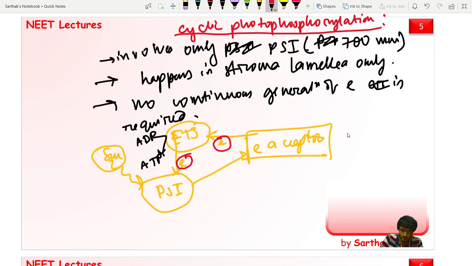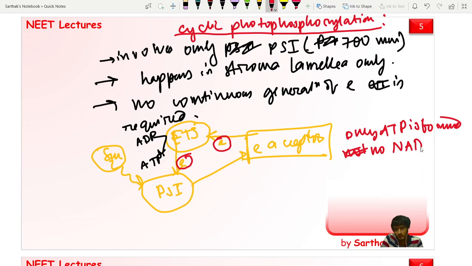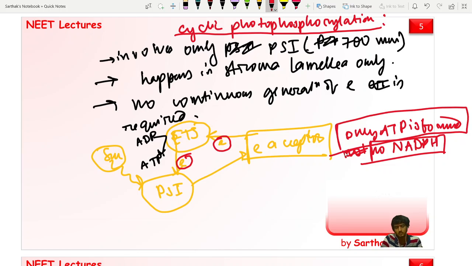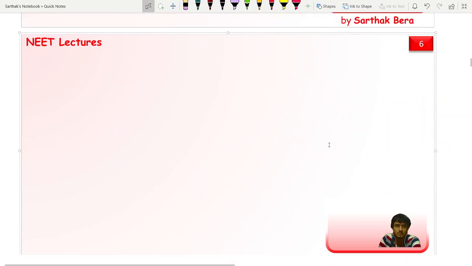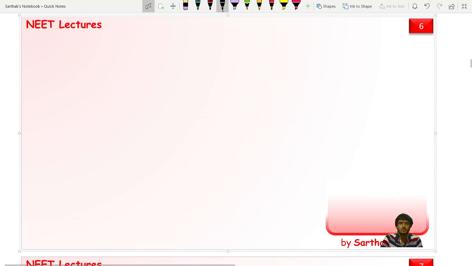The important thing here is that only ATP is formed, no NADPH, only ATP. In the next slide we will be comparing the cyclic and the non-cyclic photophosphorylation.